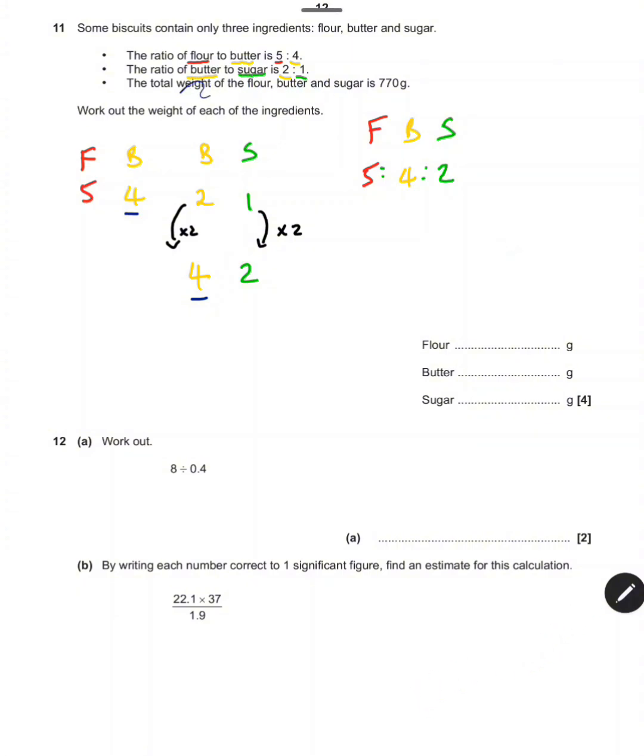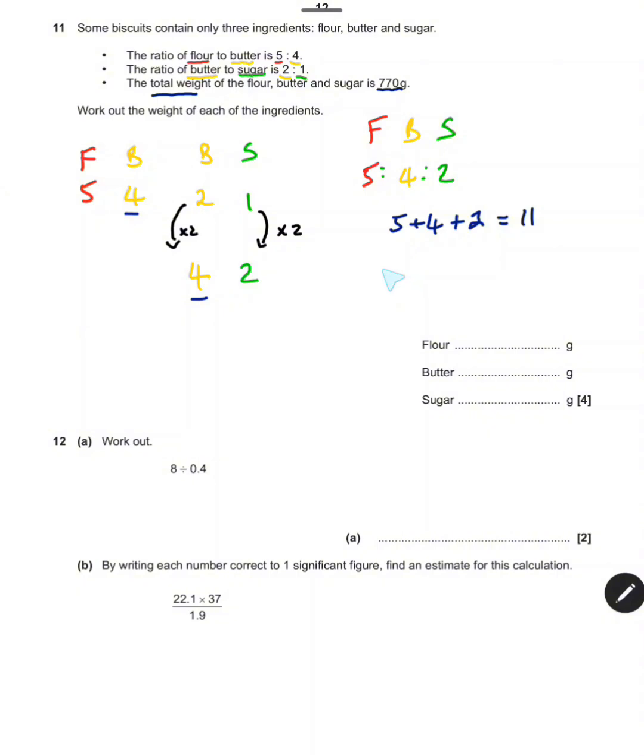The question says the total weight of flour, butter and sugar is 770 grams. What I need to do is split that into this ratio. So I'm going to add these parts together first. 5, add 4, add 2 is 11. There are 11 parts to my ratio.